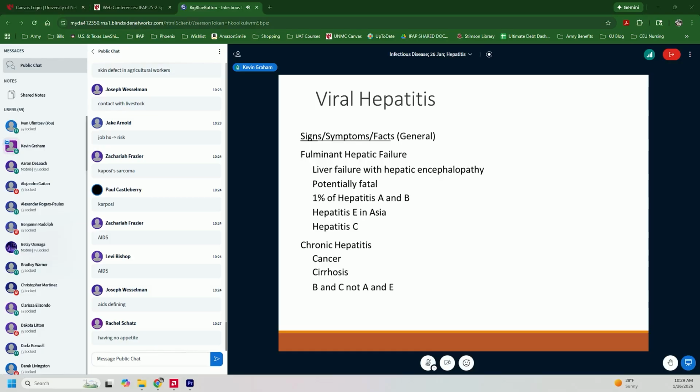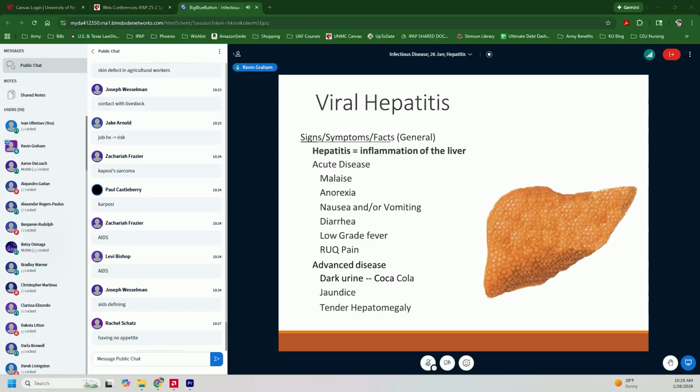So all that bilirubin that would previously be in the bile is now in the bloodstream, getting filtered out by the kidneys. It's going into the urine, making it darker, and it no longer is available to help break down food in the GI tract. It doesn't stay in the stool, which is part of the reason stool tends to have a paler color. So we can also get darkened urine and pale stool.